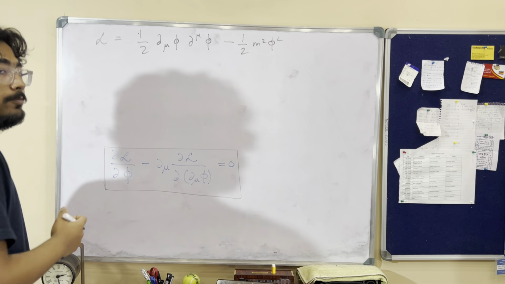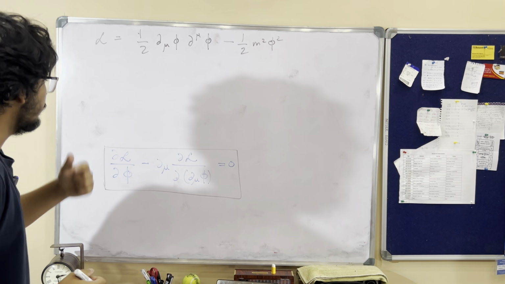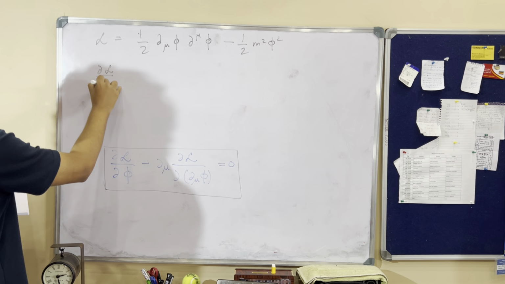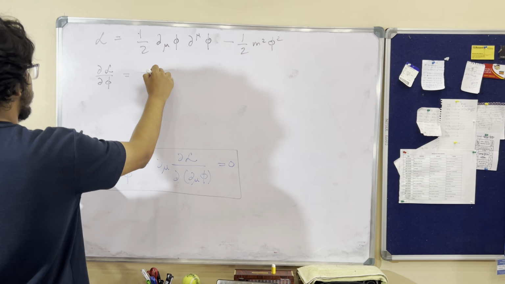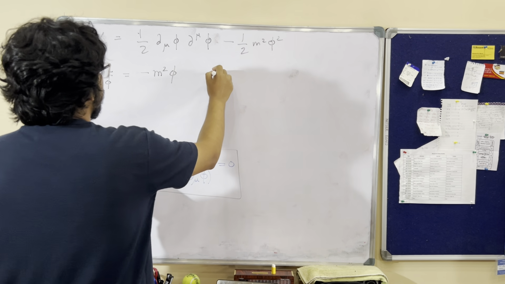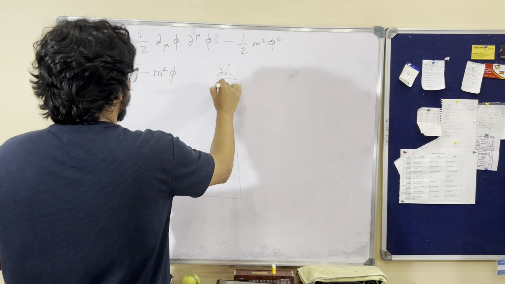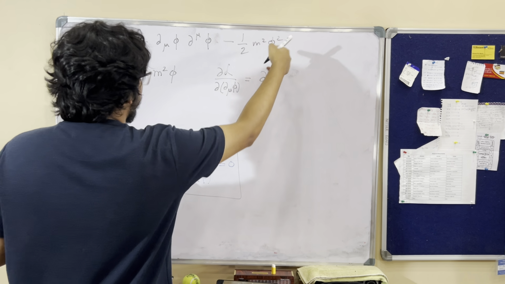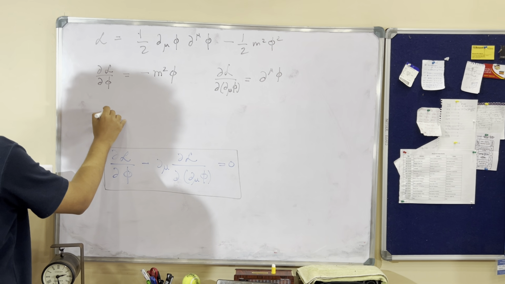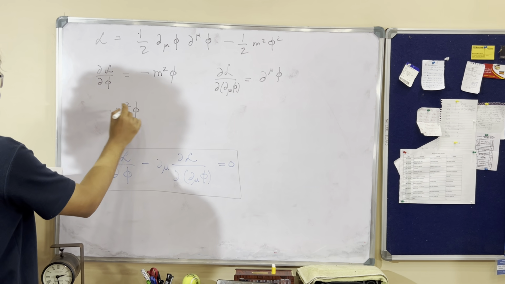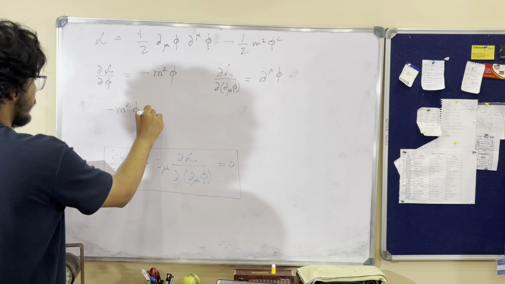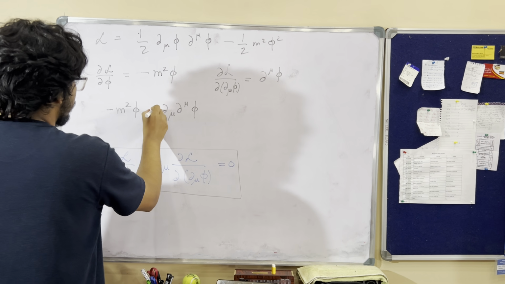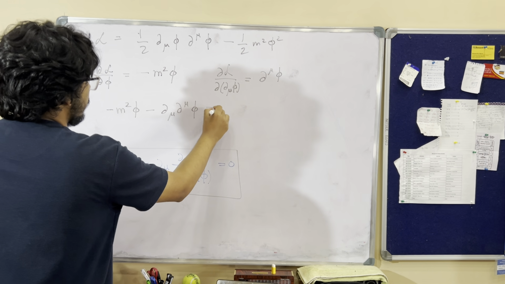We can find the equation of motion by just putting this thing in this equation, and what we will get here, this thing will give minus m square phi, and this thing will give del mu phi, and together we can write minus m square phi plus del mu phi, sorry, minus, there is a minus here, it's equal to 0.